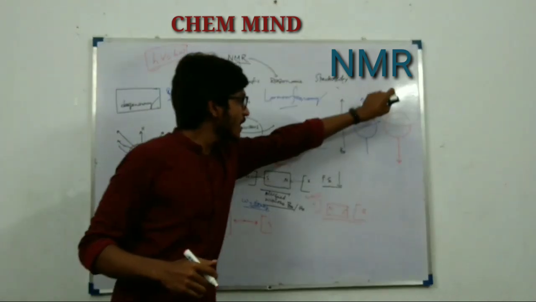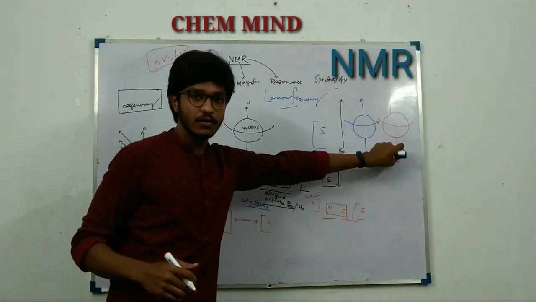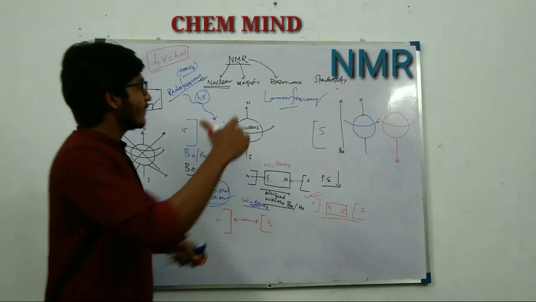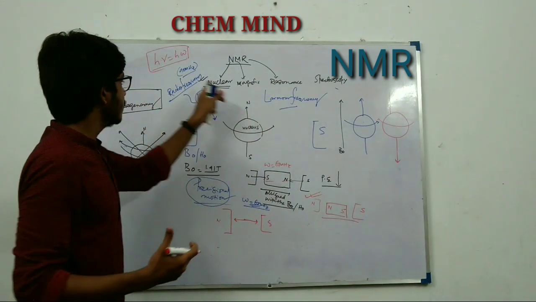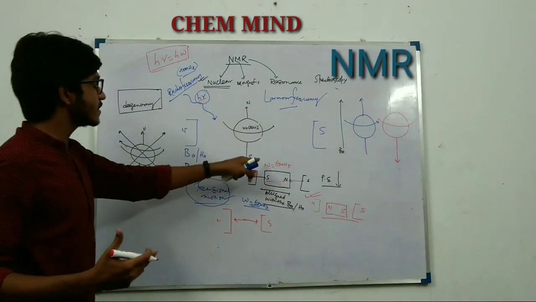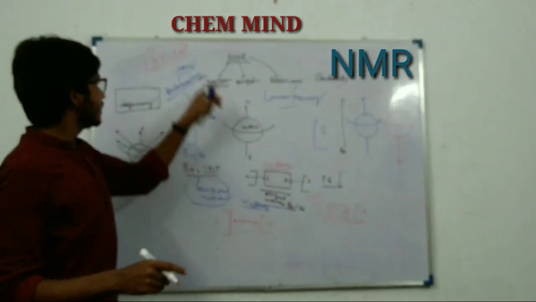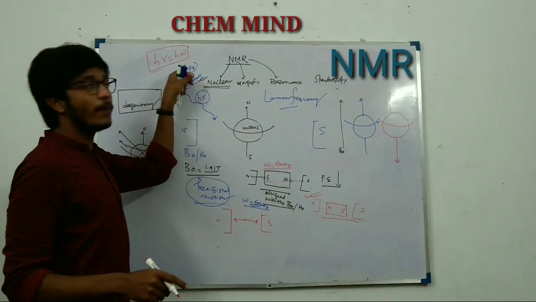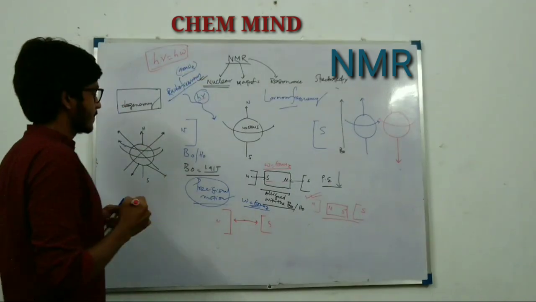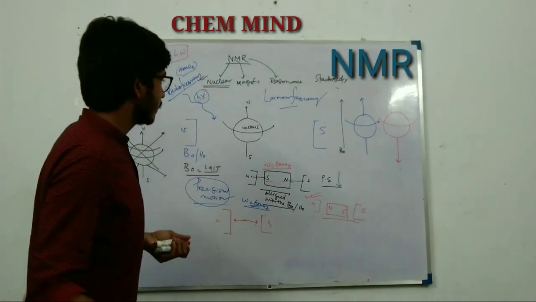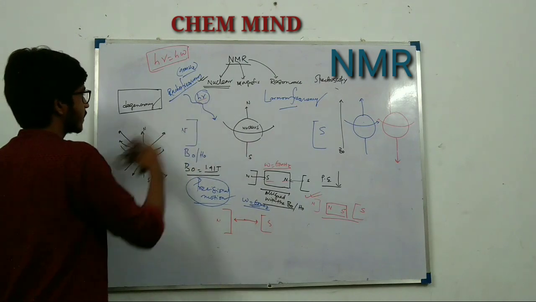It aligns against the field after absorbing the frequency which is the same as the precessional frequency. This particular frequency is known as the operating frequency. Okay, so let us move forward on this topic.